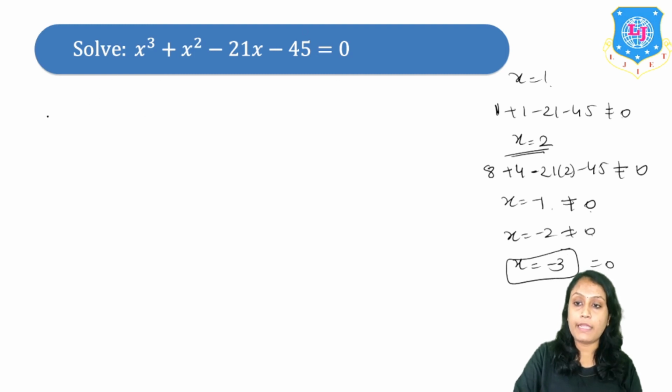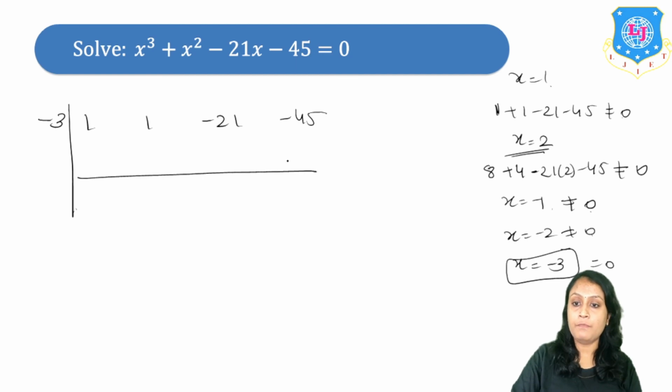Okay, so minus 3 is a root, so we'll write minus 3 outside. Here we have 1, 1, minus 21, minus 45. We bring 1 over here. 1 minus 3 gives you minus 2. Minus 2 into minus 3 gives you plus 6.